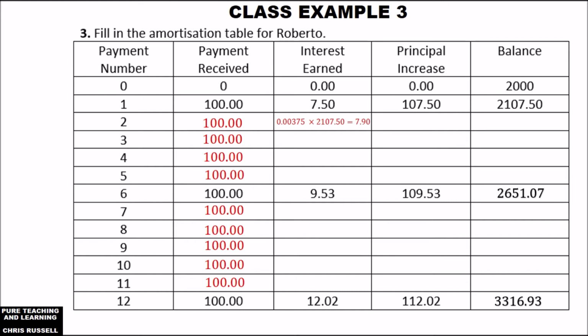So we multiply that by 0.00375 and we get 7.90. Now what we can do is add that to 100. Now what we can do, because we are increasing the principal, we add $107.90 to the balance. And now we just keep going with the same process.